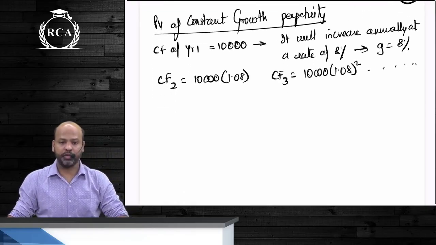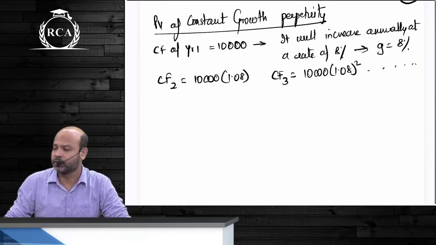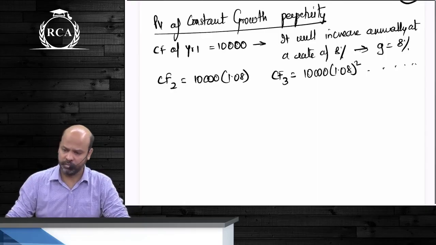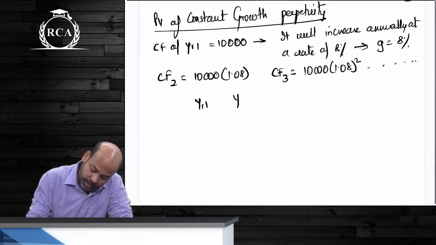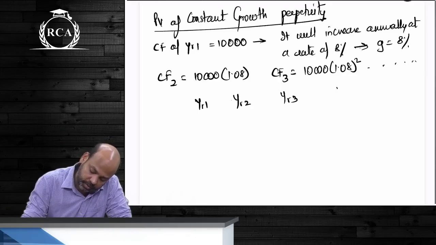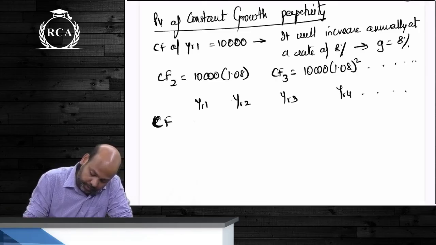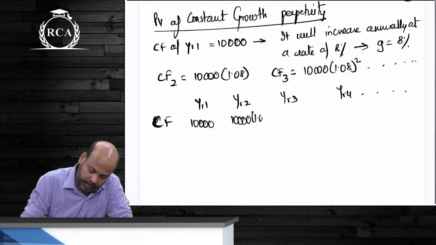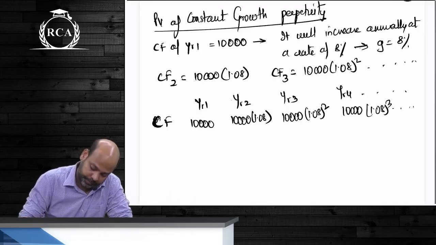ये CF1 CF2 समझ में आ रहा है? R is same beta, 12%. So our cash flow, guys, of year 1 is 10,000. Year 2 is 10,000 into 1.08. Year 3 is 10,000 into 1.08 whole square. 10,000 into 1.08 whole cube, so on.